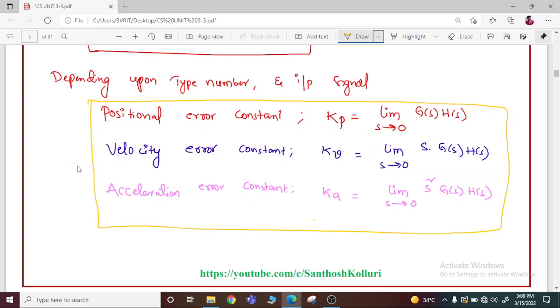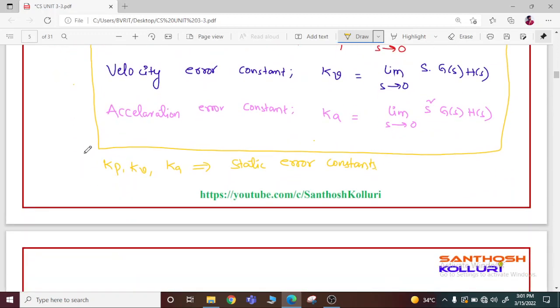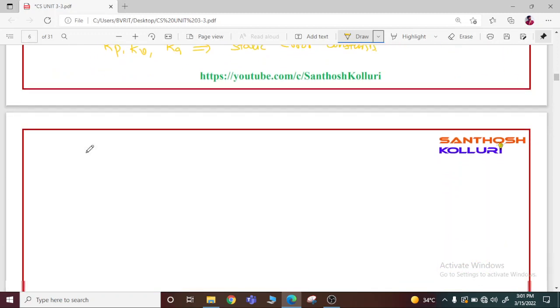So Kp, Kv and Ka we can call static error constants. Let us see the steady state error when the input is a unit step signal.